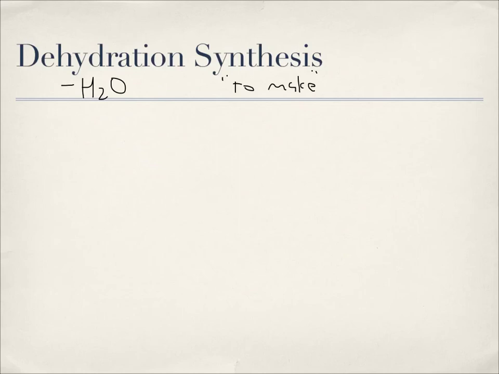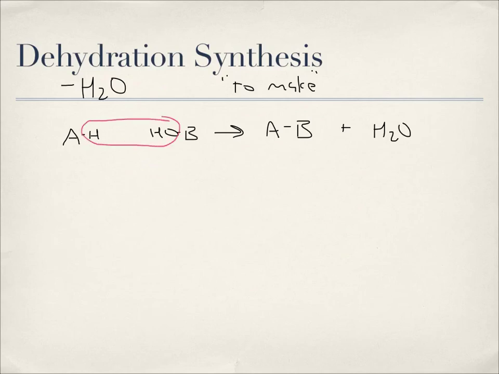If this makes sense to you guys, I'll have my A, whatever that A is, with an H bonded, and then my B with an OH bonded to it. And I want to make A bond to B plus water that's going to be removed. So I will take those off, and that will give me that bonding.